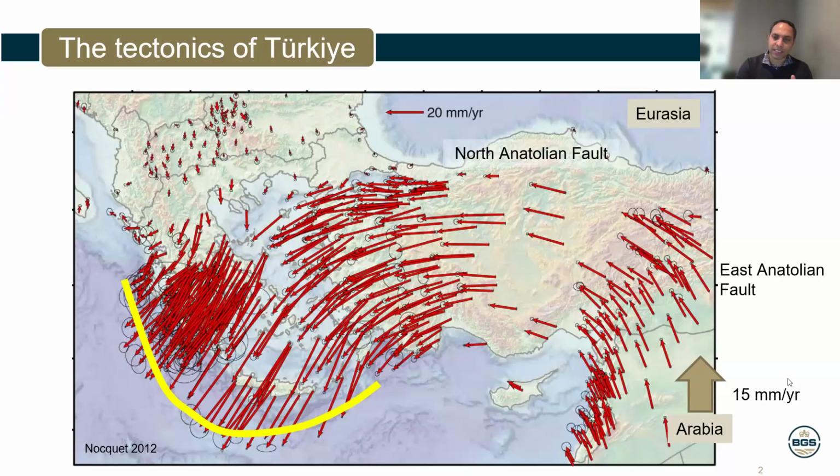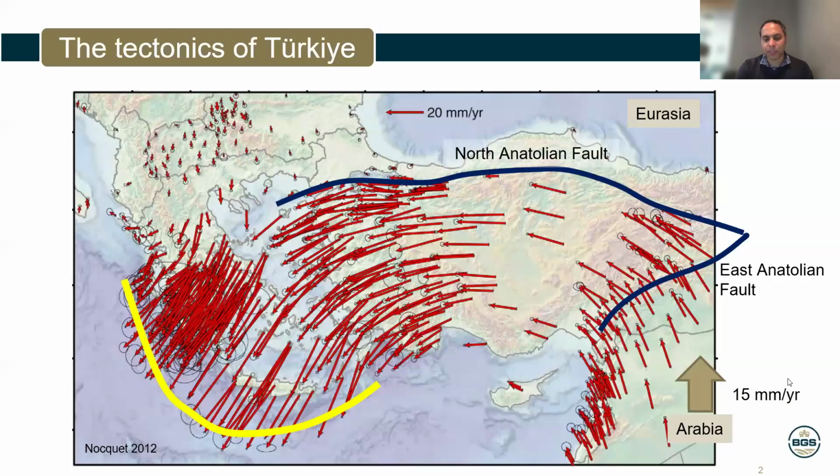These two forces act, and the entirety of Anatolia rotates along two major structures: the North Anatolian Fault, and in the east-southeast, the East Anatolian Fault. So that's the broad geodynamic picture of Turkey.